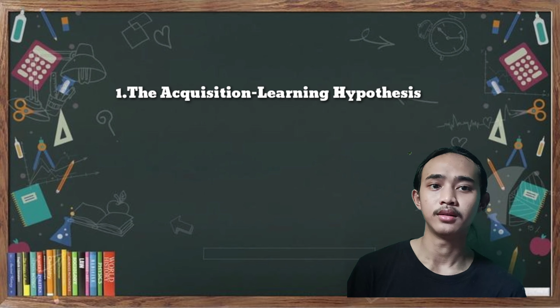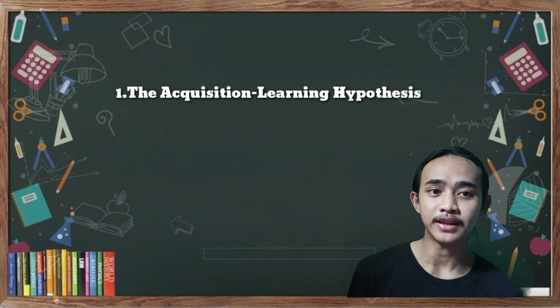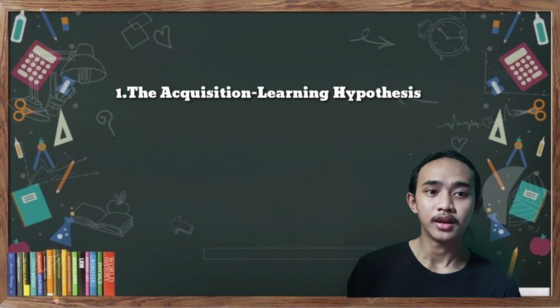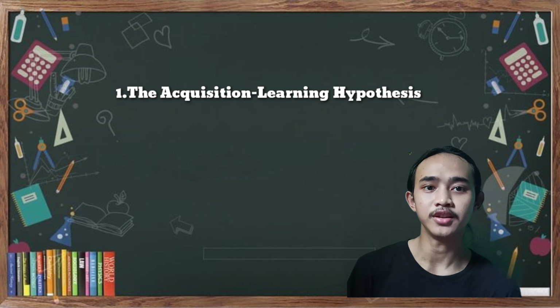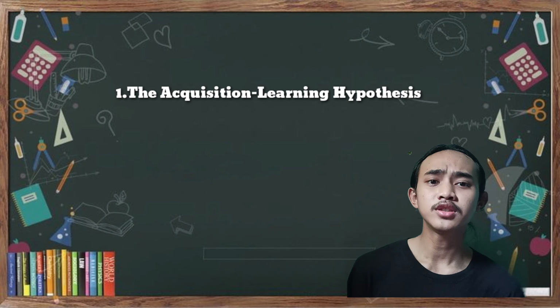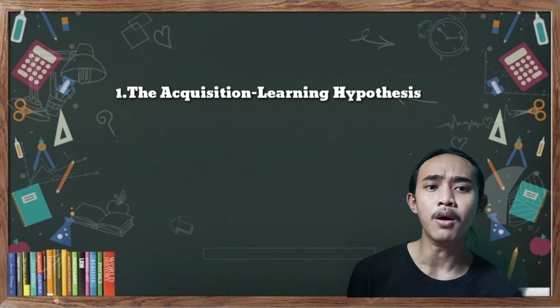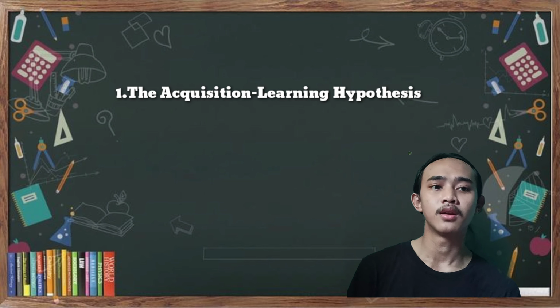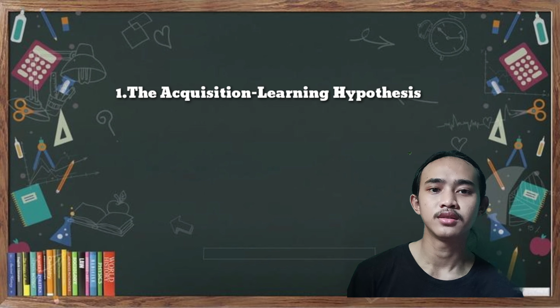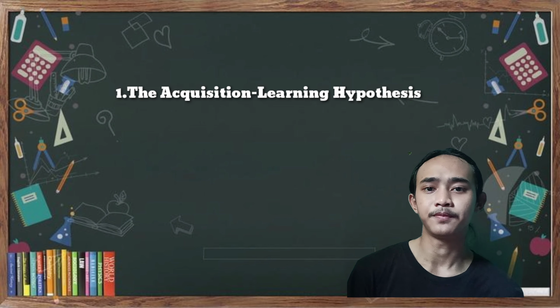The second way to develop competence in a second language is through language learning. Language learning is knowing about a language, or formal knowledge of a language, while acquisition is subconscious and learning is conscious.